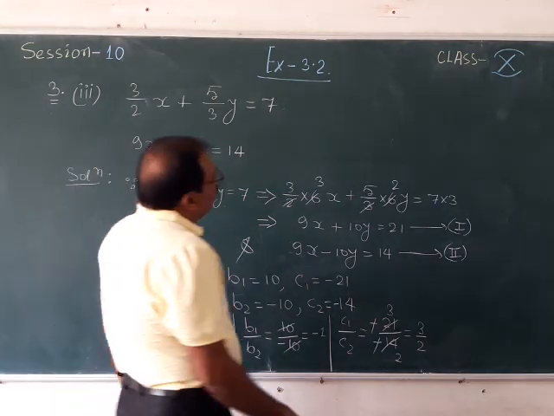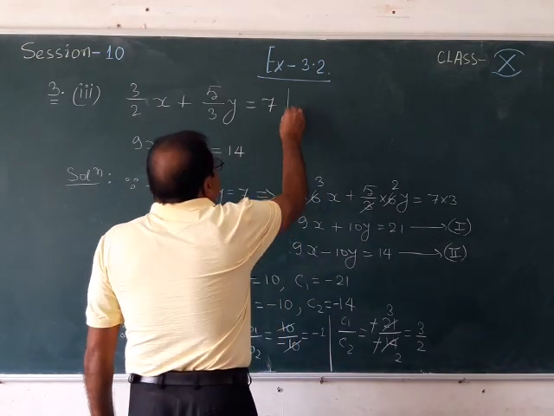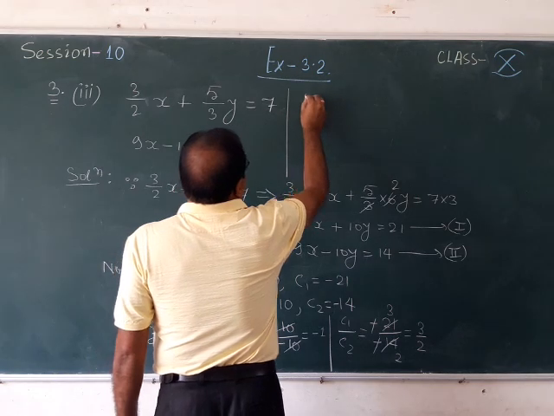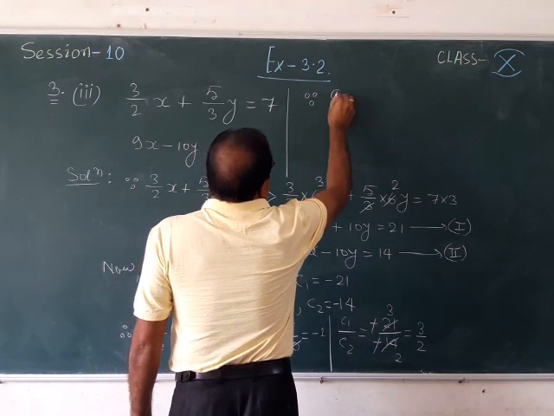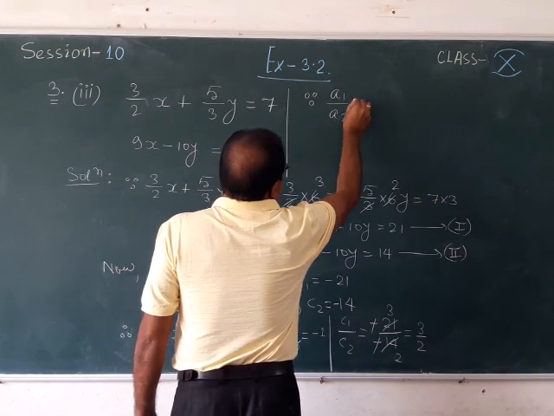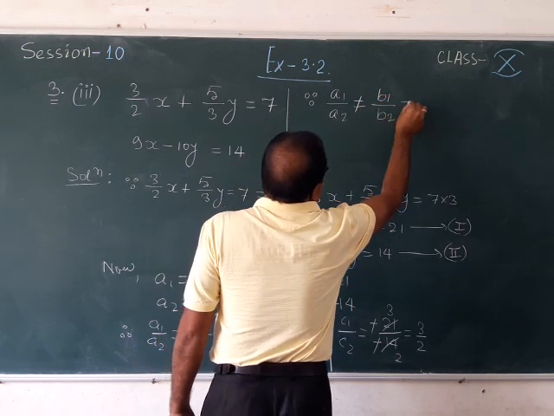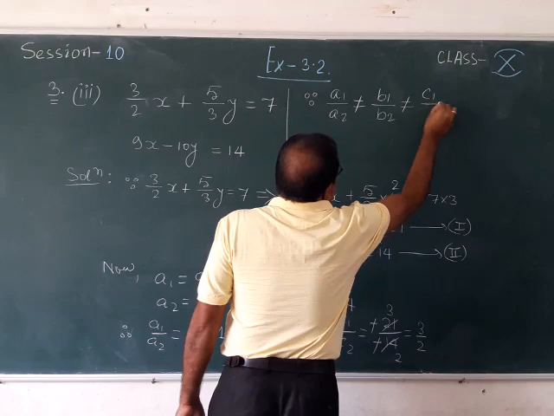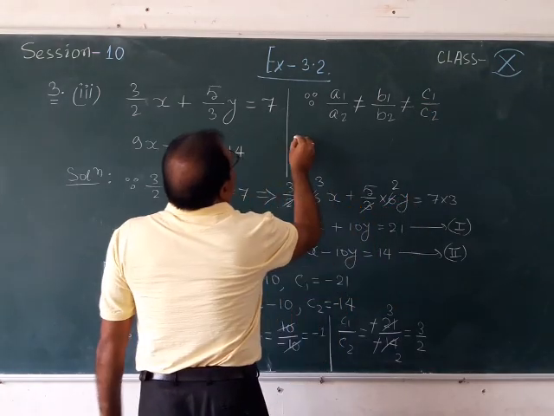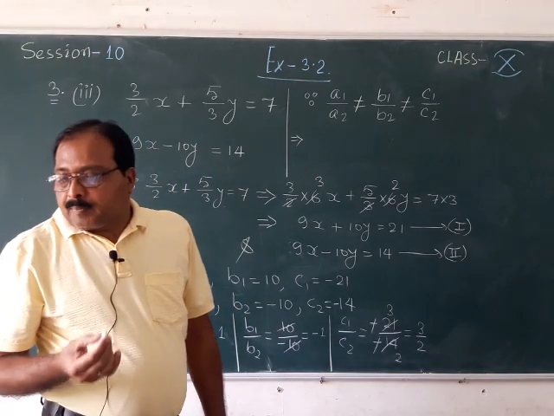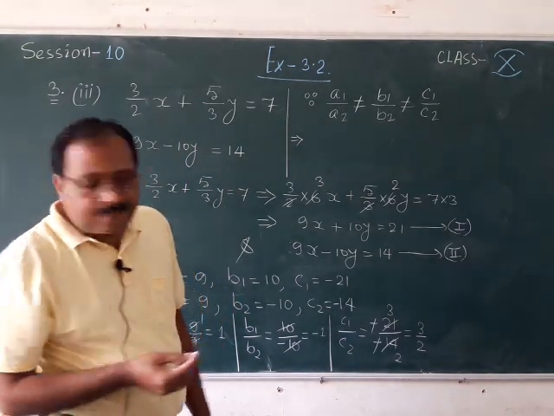So ultimately at the last step you need to write, since A1 by A2 is not equal to B1 by B2 and it is also not equal to C1 by C2, therefore it is clear that the pair of equations is consistent.